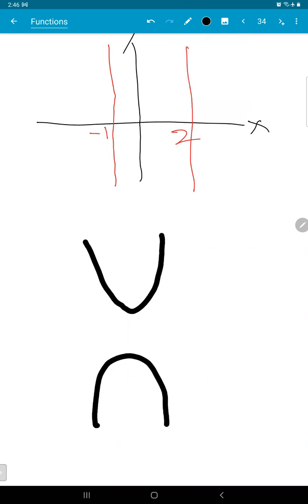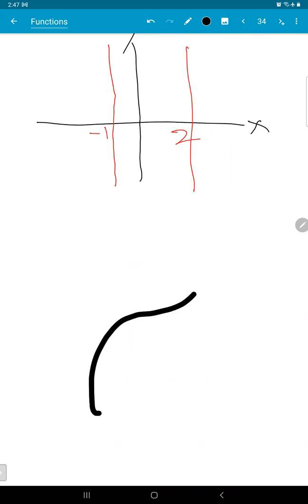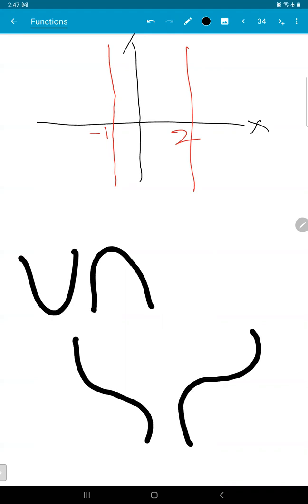Parabolic in shape, opening upward or downward, or ganyan yung isa, or pag ganito. Depende kung saan siya mag-a-approach na asymptote. So 4 lang yan. Okay, memorize those shapes.